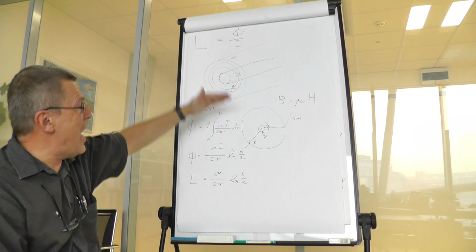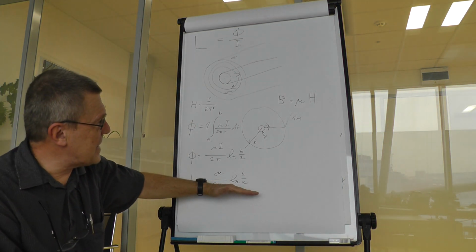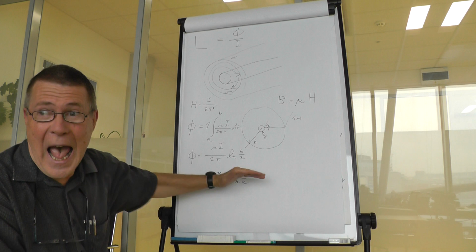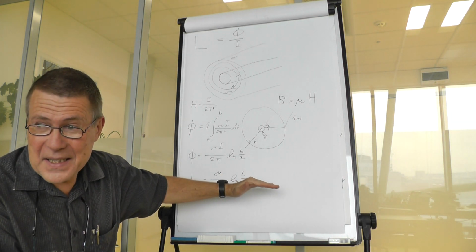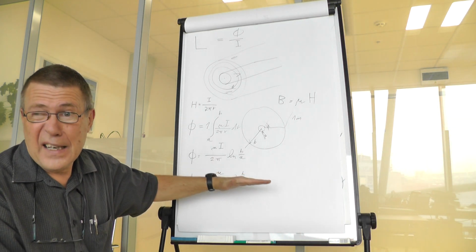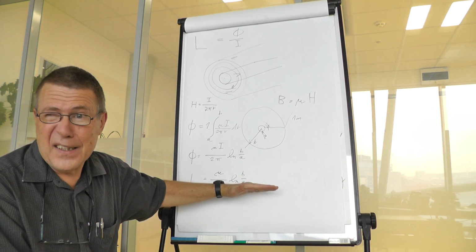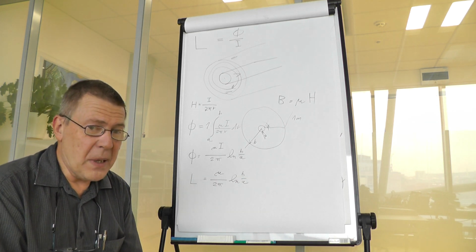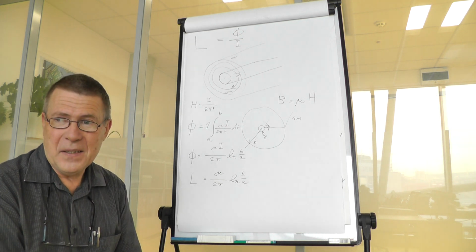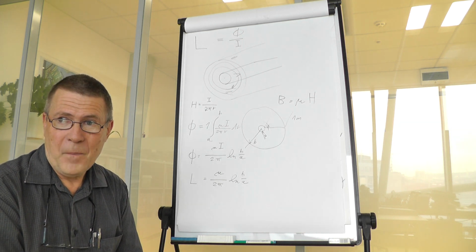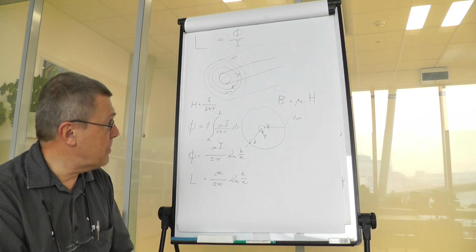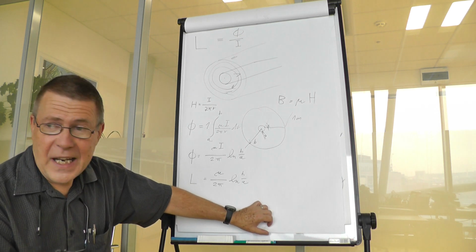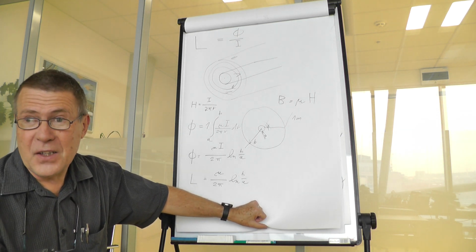Okay, so we have the simplest definition and the simplest case to find out inductance. Now, I will complicate the case a little bit. I will first put down 3 definitions of an inductor.